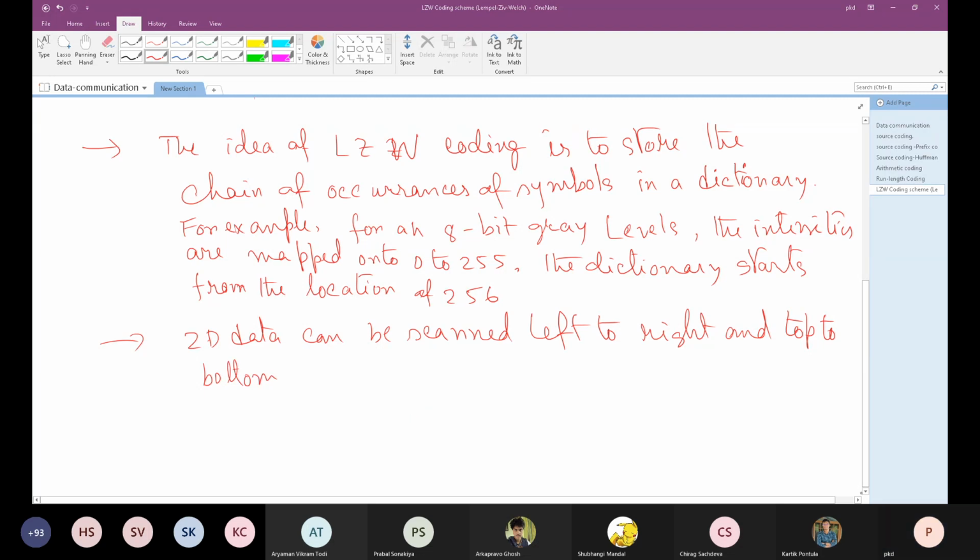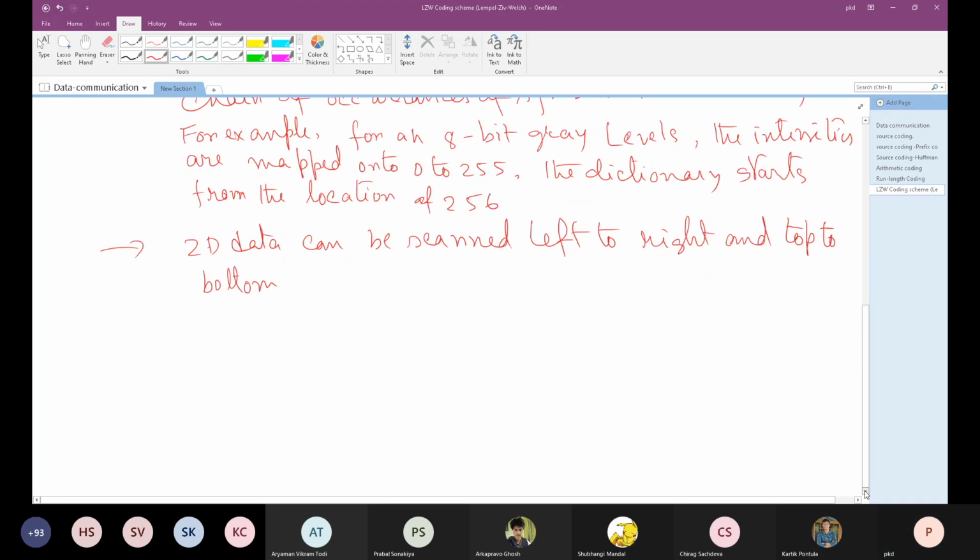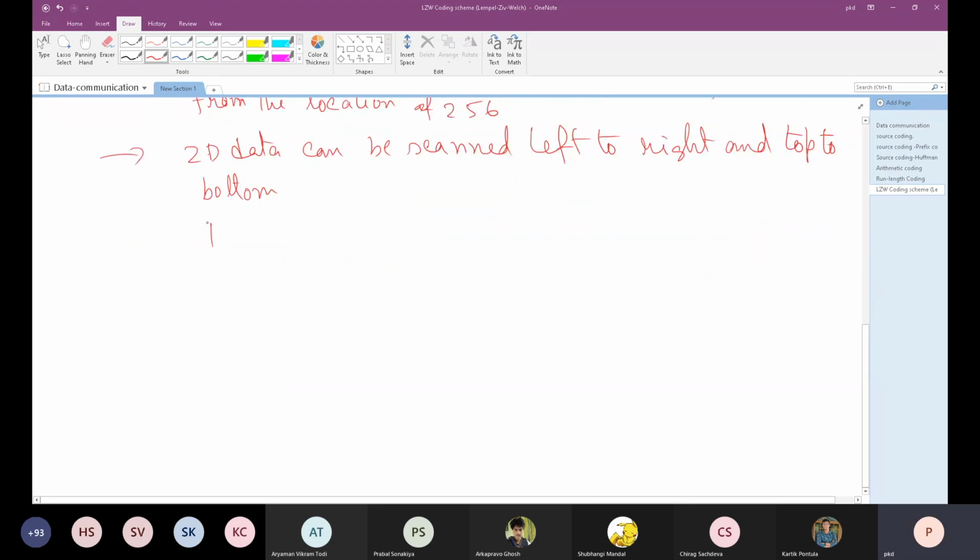So if we scan it left to right, we will find these gray levels of the symbols one by one, and correspondingly we will have the encoded output.